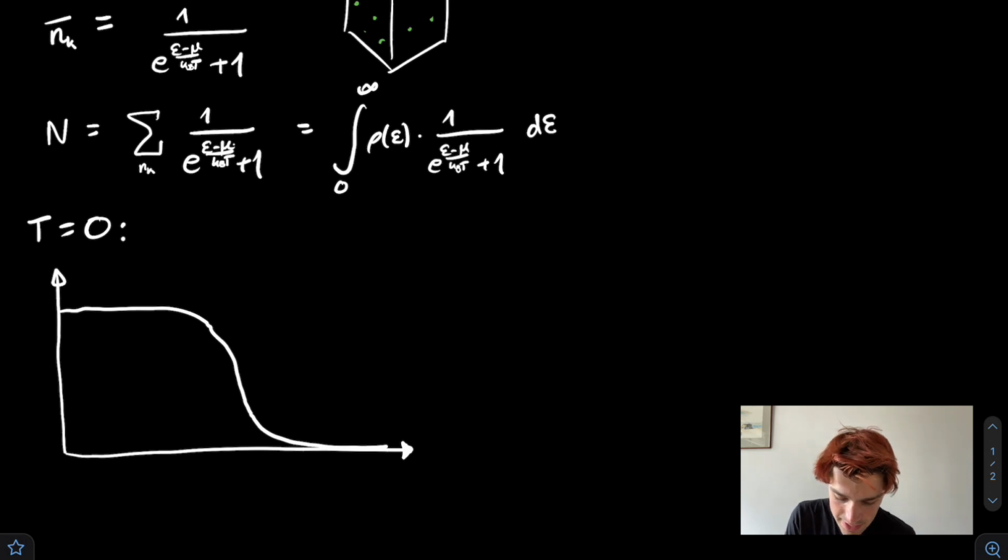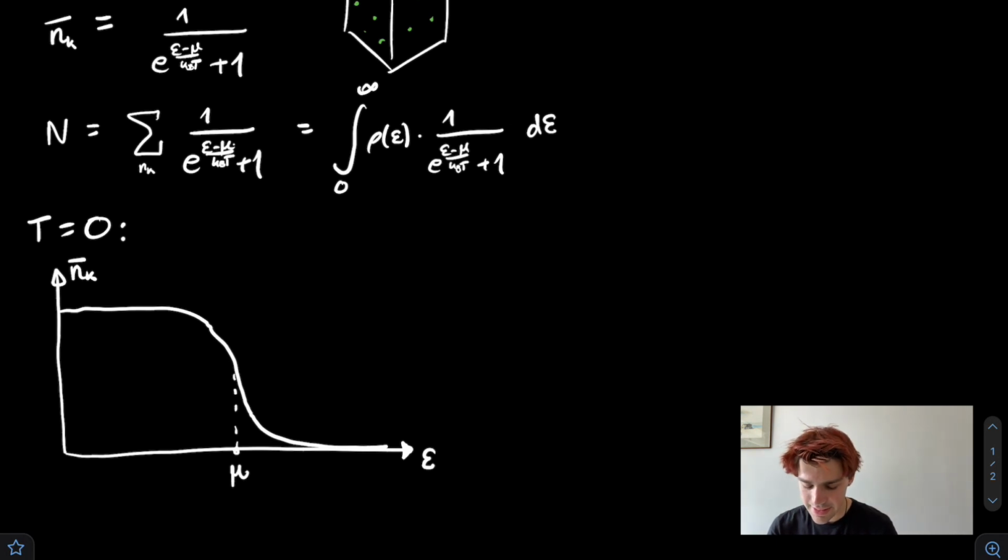So this is the average state occupancy, and this is epsilon right here. I said that this midpoint right here was the chemical potential mu. Let's look at the case where epsilon is greater than the chemical potential, so the state's particle energy is greater than the chemical potential.